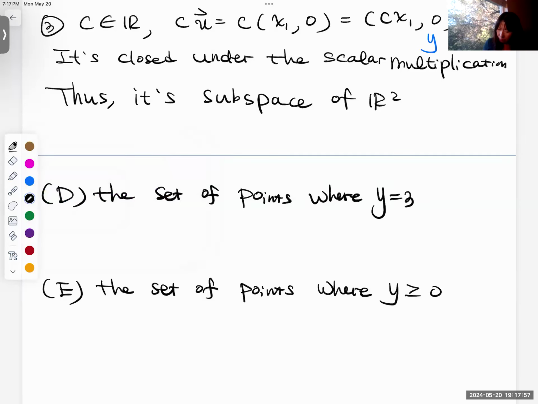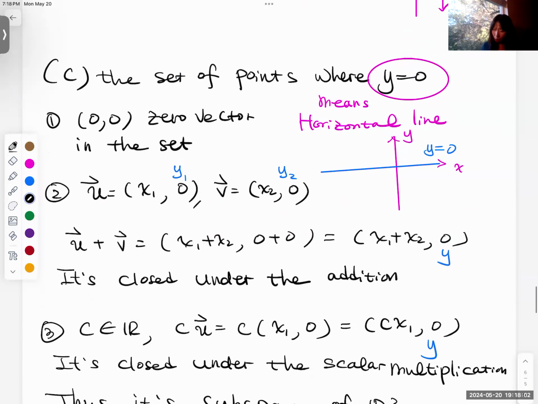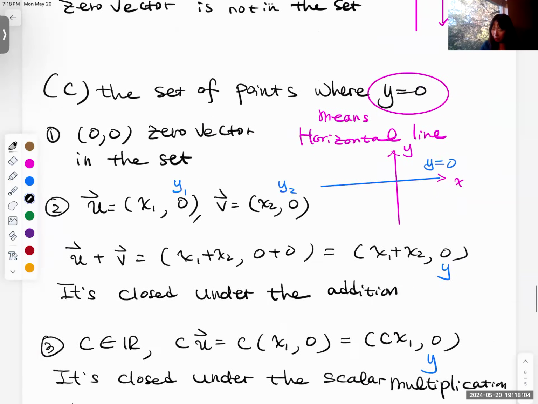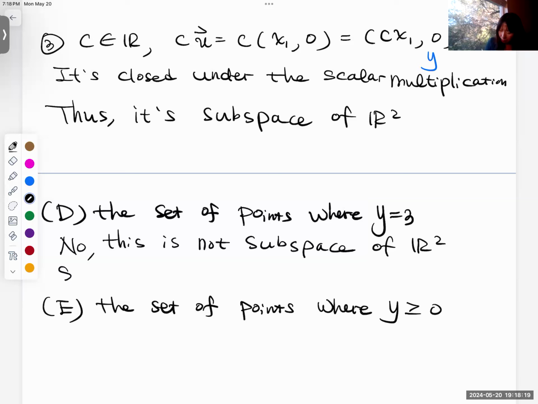Because same concept with x equal to 2, right? So 0, no. Not a subspace of R2 since the 0 vector is not in the set.